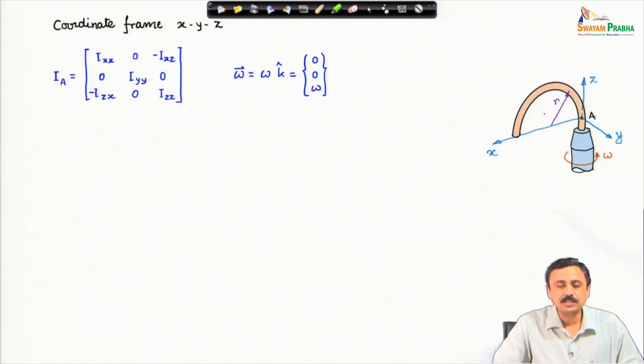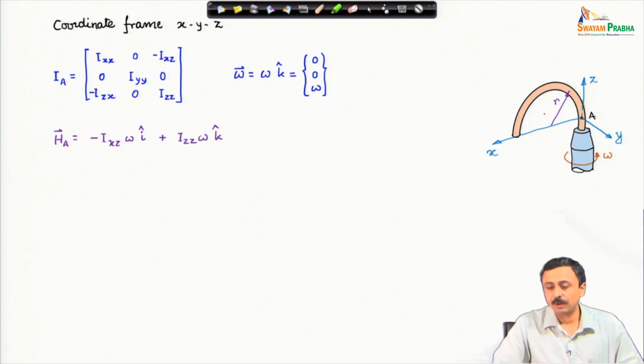If I multiply this with the moment of inertia tensor about A, I get the angular momentum about A, which is I x z omega i cap plus I z z omega k cap. Therefore, we need to find I z z and I x z about that point A. We will do this calculation.